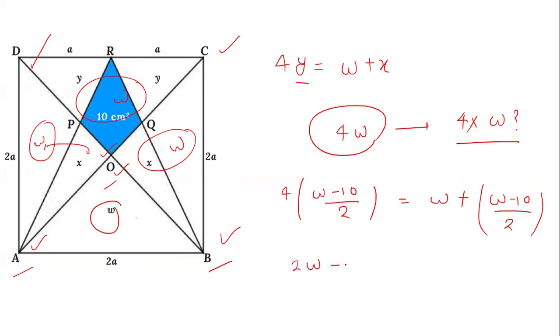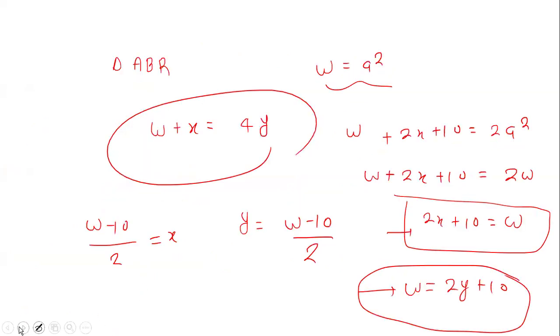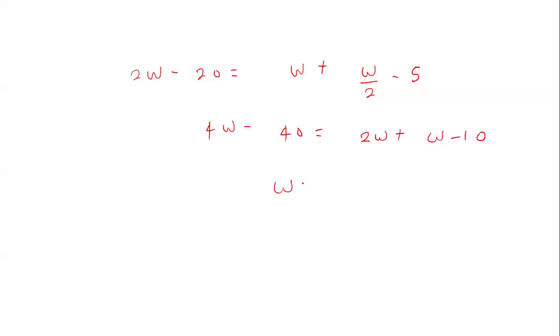It is equal to 2w minus 20, and here it is w plus w by 2 minus 5. So 4w minus 40 is equal to 2w plus w minus 10. So w is equal to 30. So the area of the rectangle is 4 times 30, which is equal to 120. So this is the final answer.